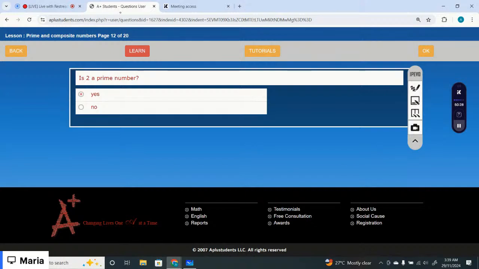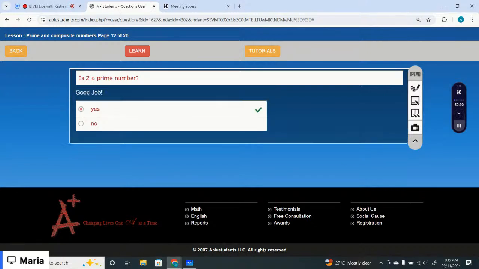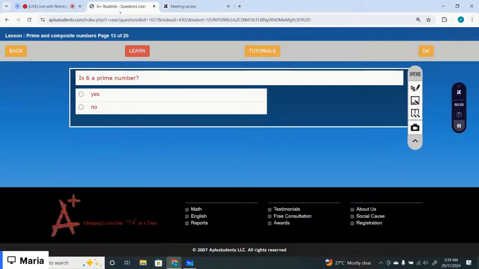Yes, 2 is a prime number. Is 6 a prime number?